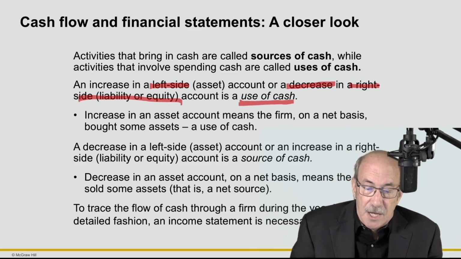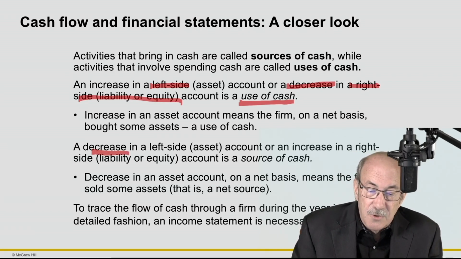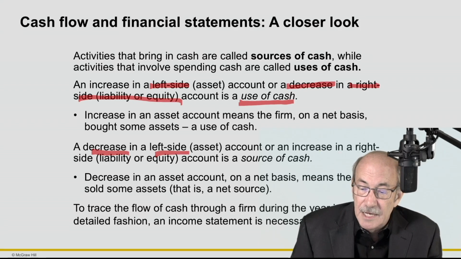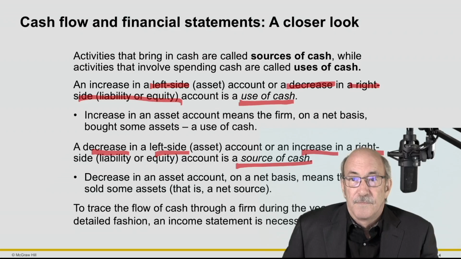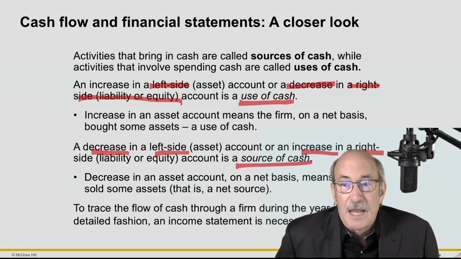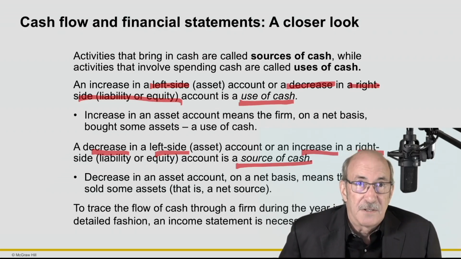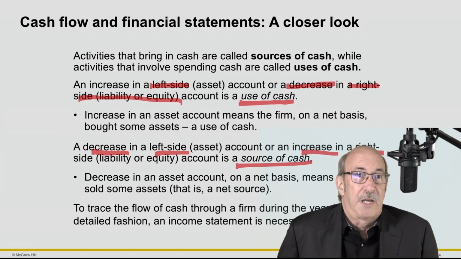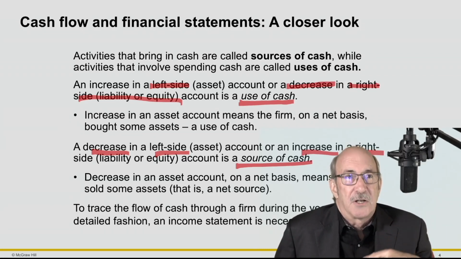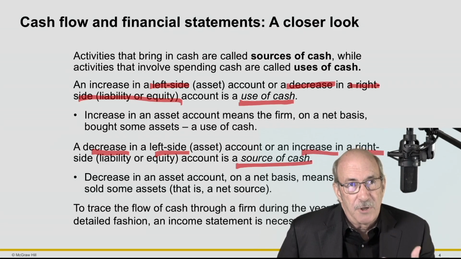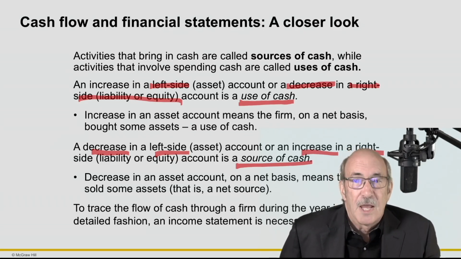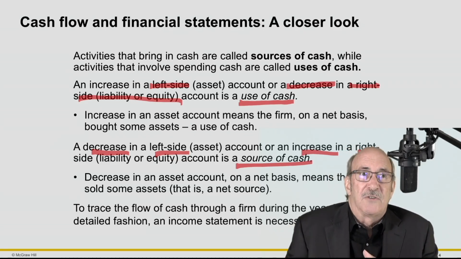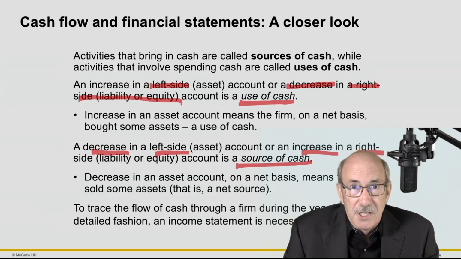All right. And then conversely, a decrease in the left-hand side or an increase in the right-hand side are sources of cash. So again, a decrease in the left-hand side: we sold that plant. That generated a cash inflow. That's a source of cash that we can use for other things in the firm. An increase in the right-hand side might be a new bond issue.